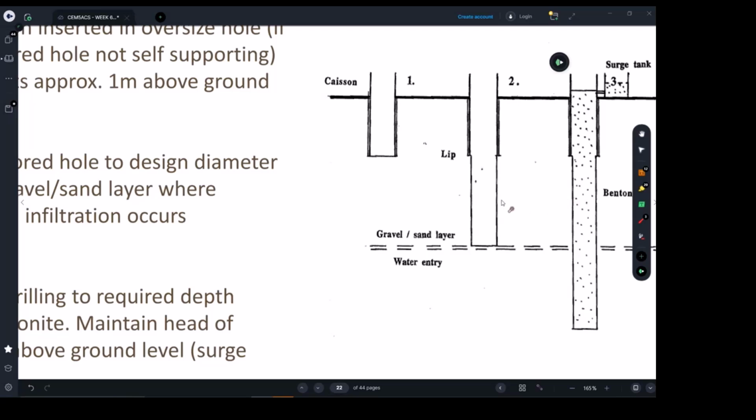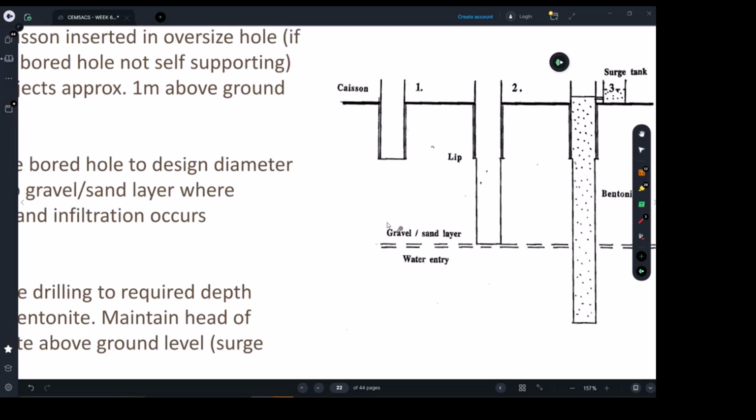You don't need to wait until you get to the water table. Sometimes you may face some loose sand at this level, so your bentonite is there, and you can use it. Because remember, we're not pouring the concrete until we reach the design depth. So in case you have very loose material, you can make a decision and start pressuring down your bentonite. So that was number 3.